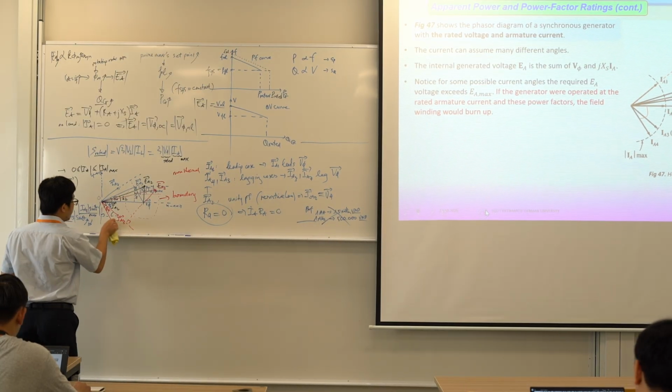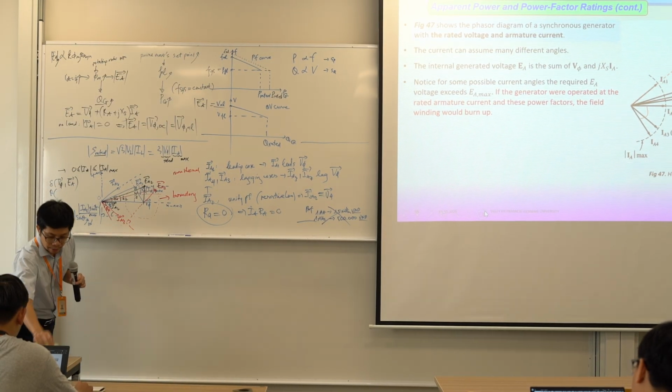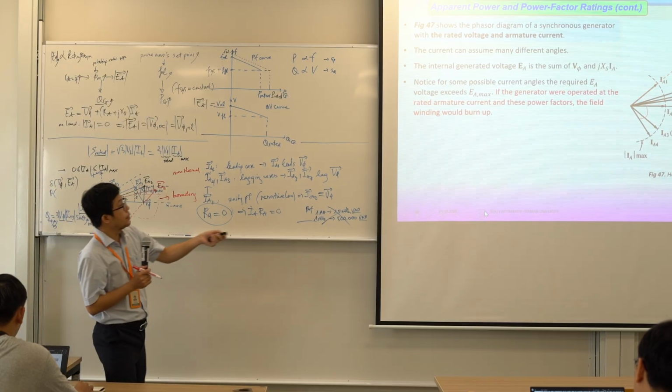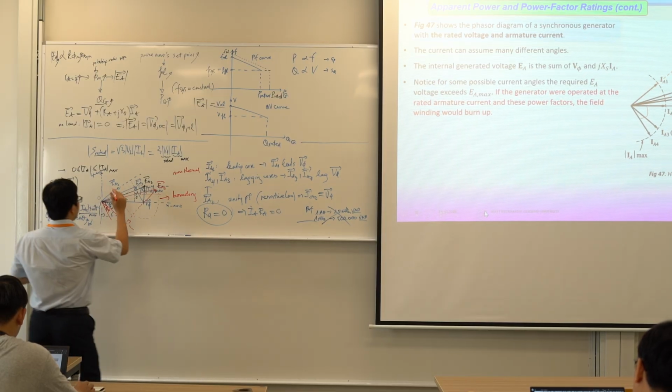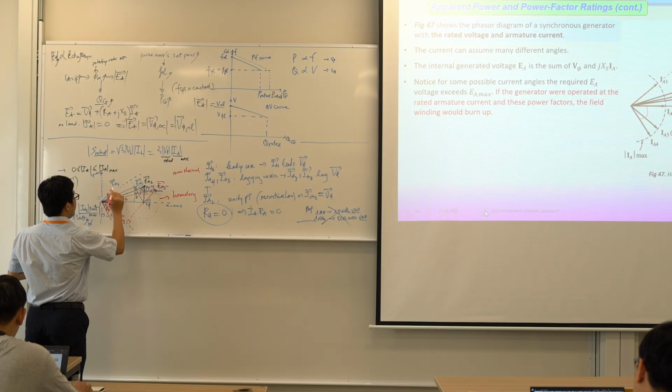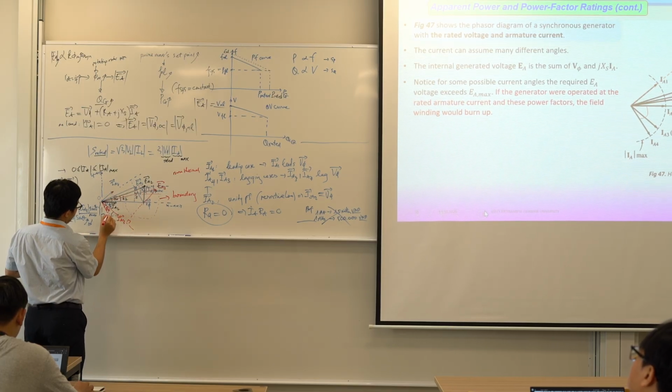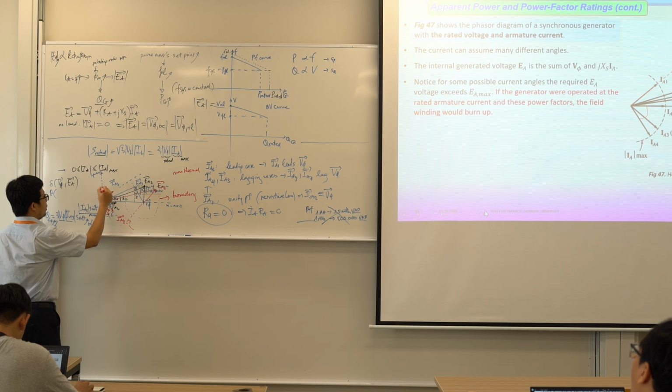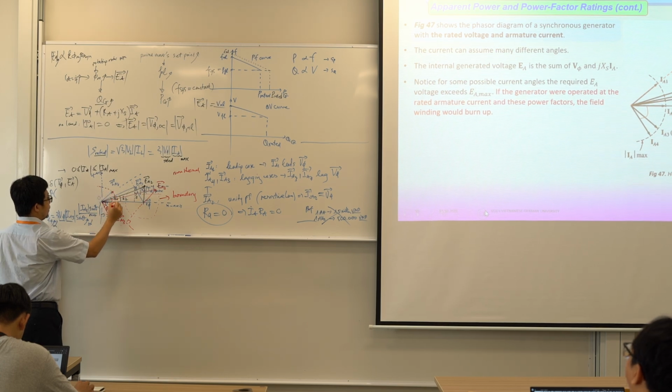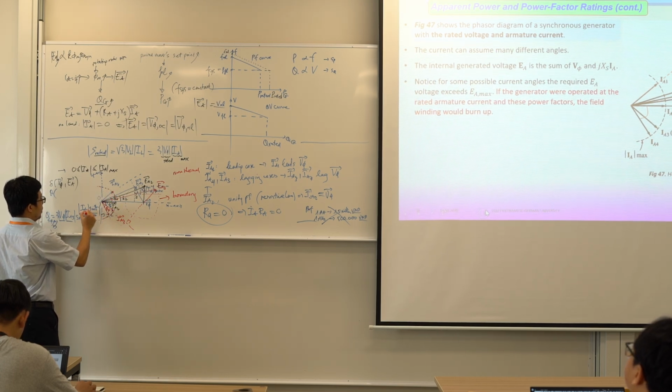So we need to consider another circle like this. Maybe reduce a little bit. Sorry, it is too large. Okay, yes, like this. So you get here because we have IA max, right?